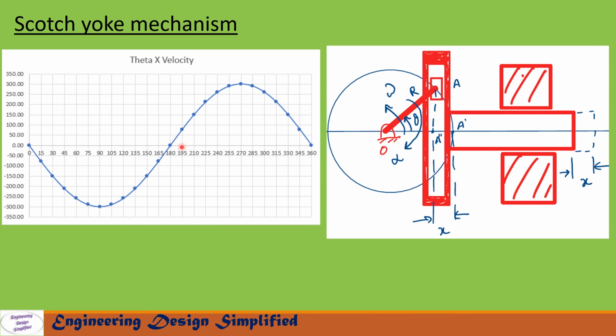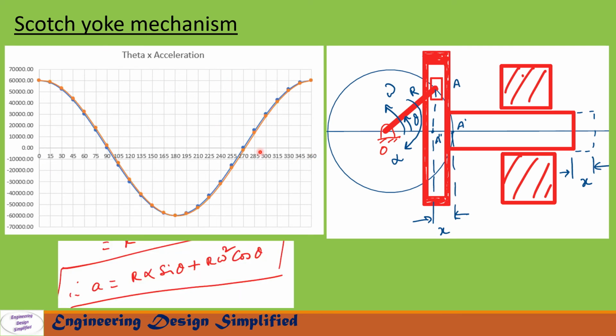When theta is 180, the plunger is at its leftmost position, so velocity is 0. When theta is 270 degrees, the plunger velocity is maximum in the positive direction. When theta turns 360, the plunger goes back to its original position and velocity is 0.